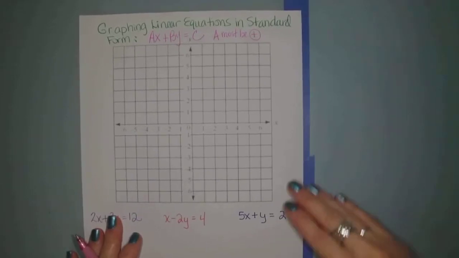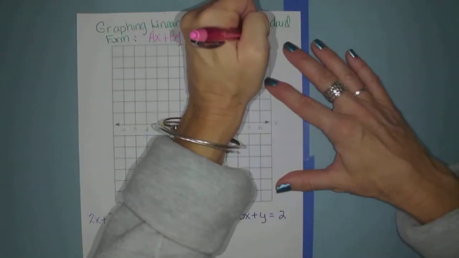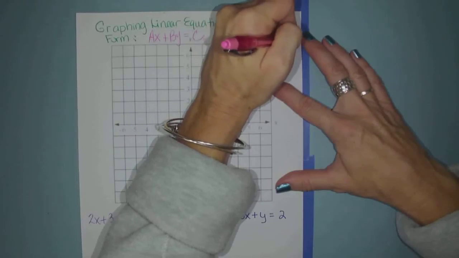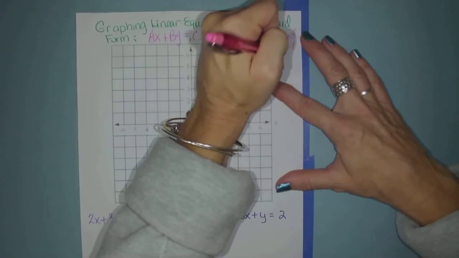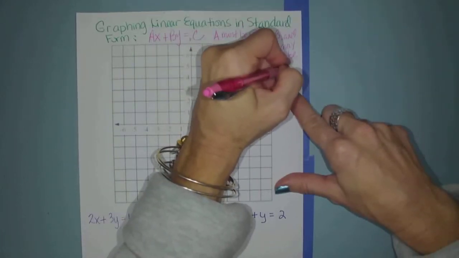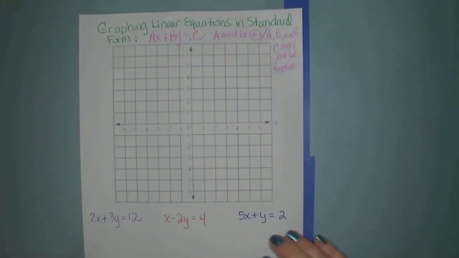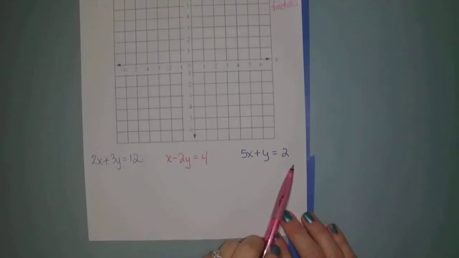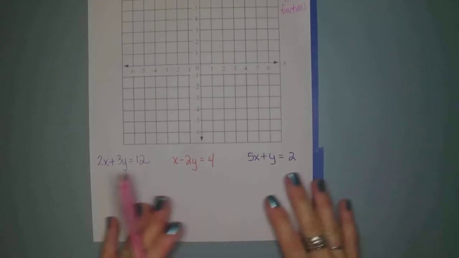And the other stipulation was that A, B, and C may not be fractions. And if you look down here, no fractions. Perfect.